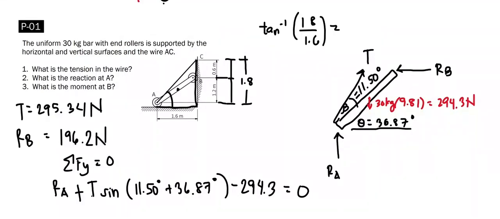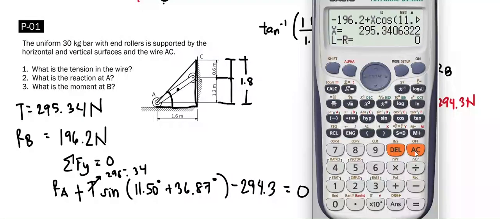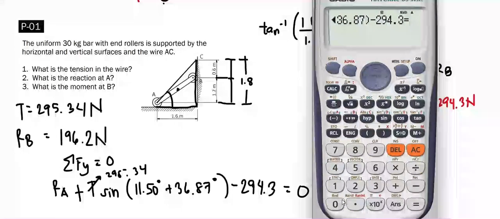So we have T equal to 295.34. We can solve for the reaction at A. So we have RA plus the tensile force T that we have solved a while ago, that's 295.34 times sine of 11.5 plus 36.87 degrees minus 294.3 equal to 0.